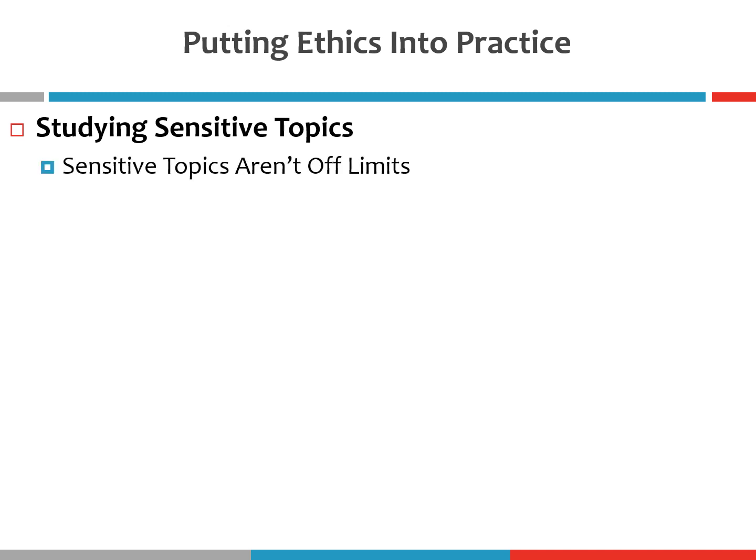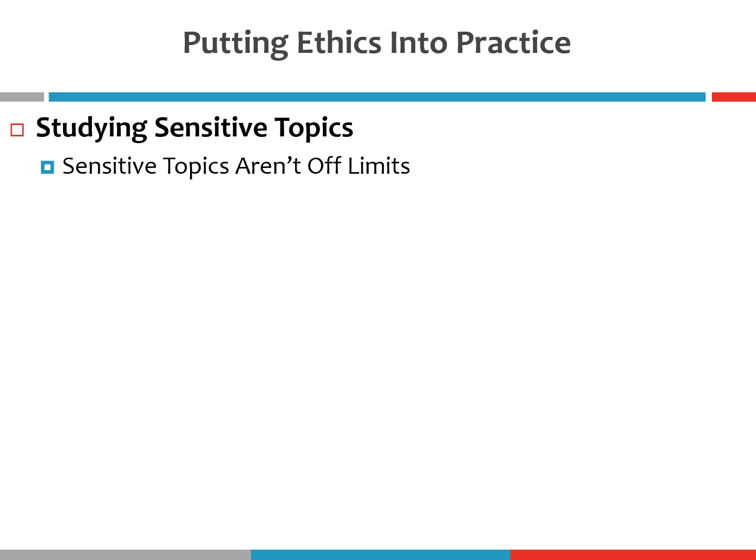Well, based on my previous video and my discussion of ethical principles and IRB and all of that, you might be under the impression that we're not allowed to study sensitive topics, right? But that's actually not the case. We're still able to study things like aggression, for example, or pain, or things like that have obvious ethical limitations.